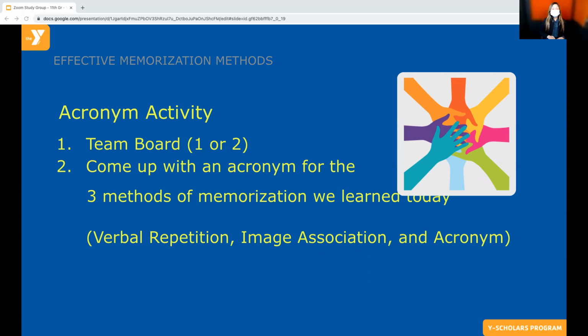So the acronym will stand for VRIAA. This is verbal repetition, image association, and acronym, which are the three methods of memorization we learned today. So you're going to go ahead and use your YSP journal to make an acronym for verbal repetition, image association, and acronym, VRIAA.